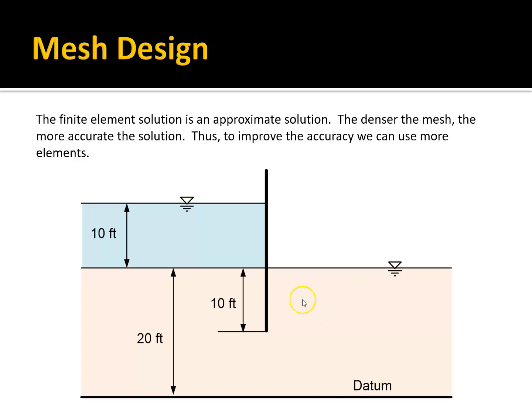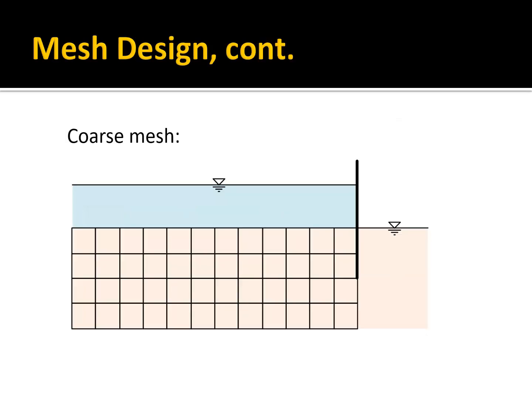And once again, this is symmetric. So we can either mesh the entire thing or we can mesh half of it and solve it, and then the solution is symmetric. For the purpose of these slides, I'm going to only mesh half of it, but in reality, if I were doing this in a program like Seep2D, I'd just mesh the whole thing because it's easy to do.